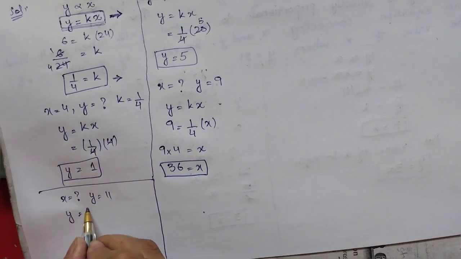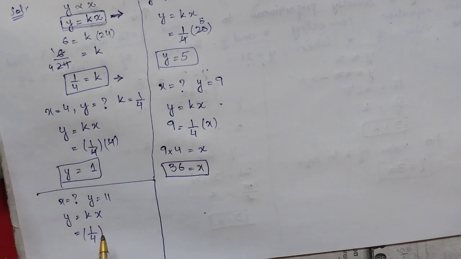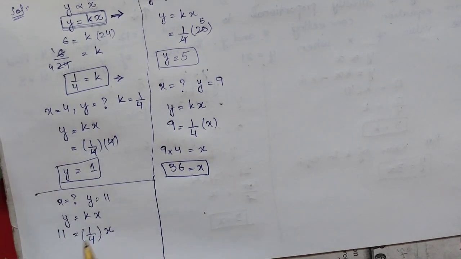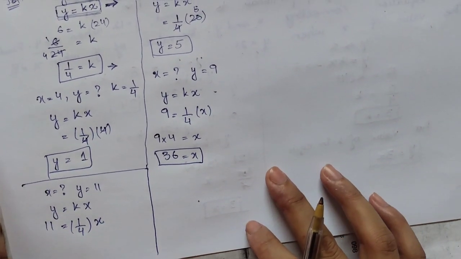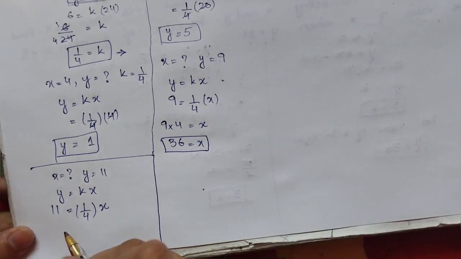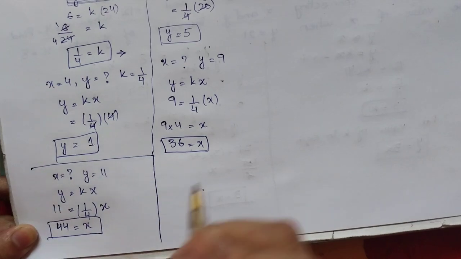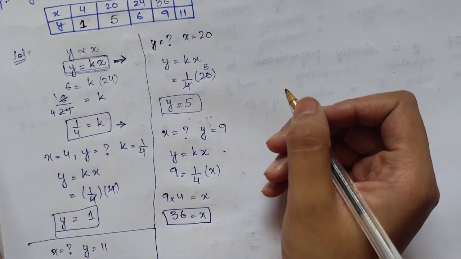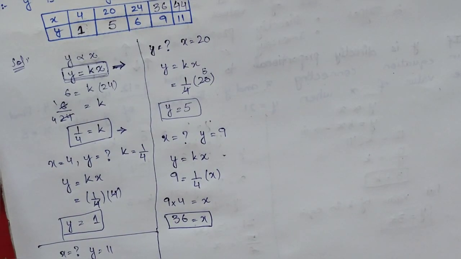Y is equal to k of x, our equation, k value is 1 by 4, x value is unknown, y value is 11. 4 is dividing, when it goes to the other side, we have to multiply it. 44 is equal to x. This is your answer. Now write it in the table. So this is your question which is done. You have to complete the table.